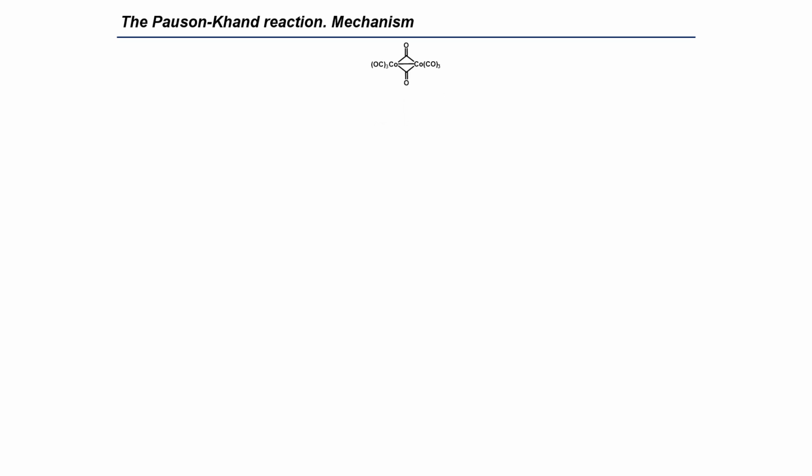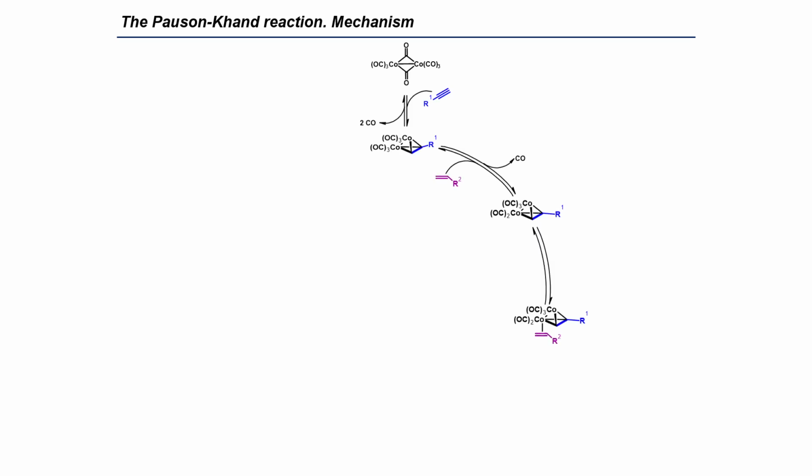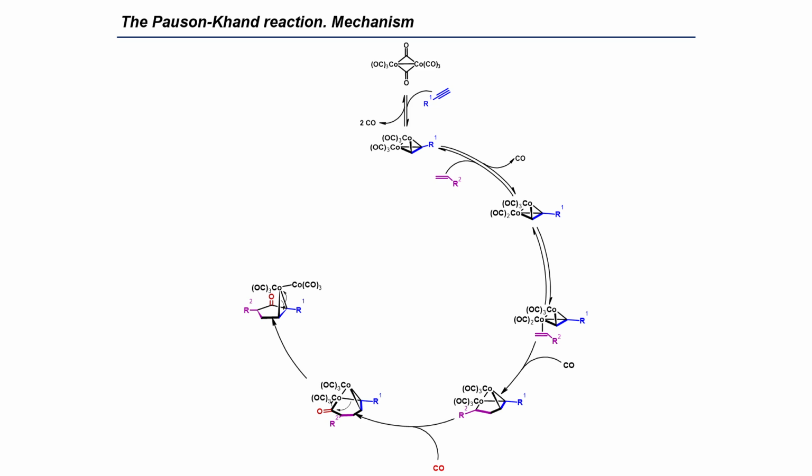So the proposed mechanism is from this species, which then undergoes alkyne insertion and ligand dissociation, forming the hexacarbonyl dicobalt acetylene complex. This undergoes a CO loss, forming the 16-electron complex, followed by alkene coordination, forming the 18-electron complex, and then alkene and CO insertion will lead to this other intermediate, which then will undergo CO insertion into the aliphatic chain.